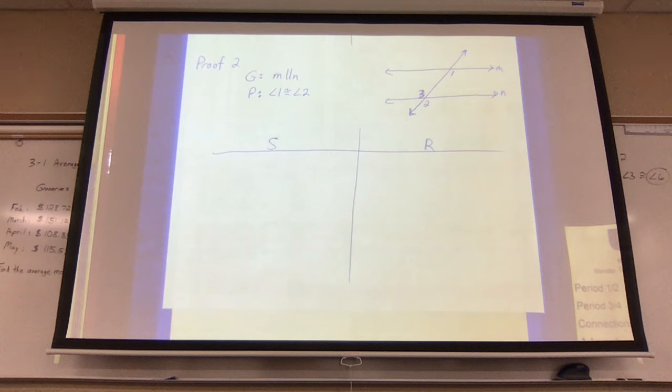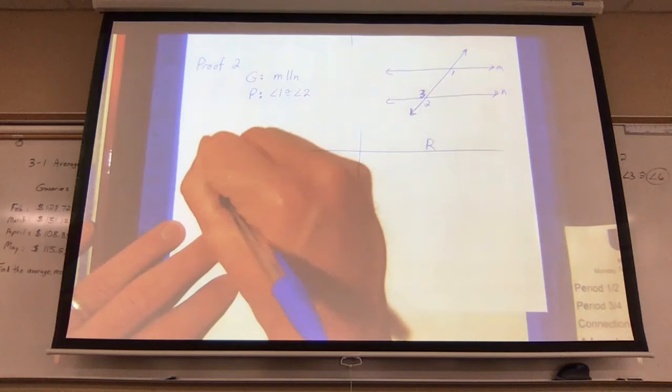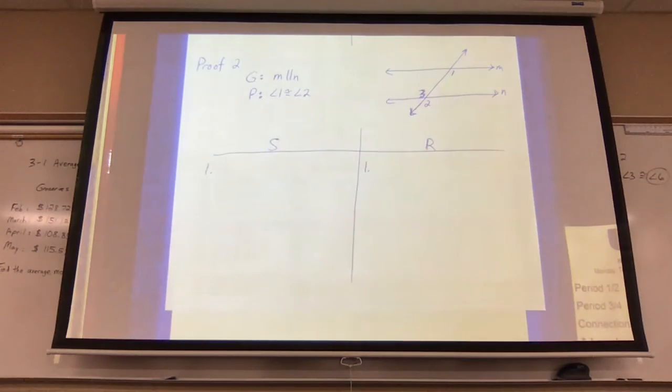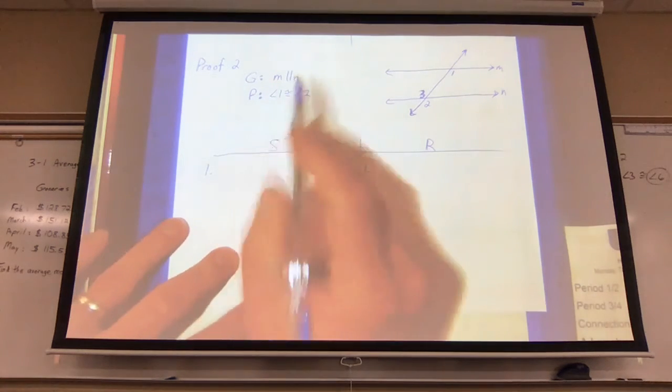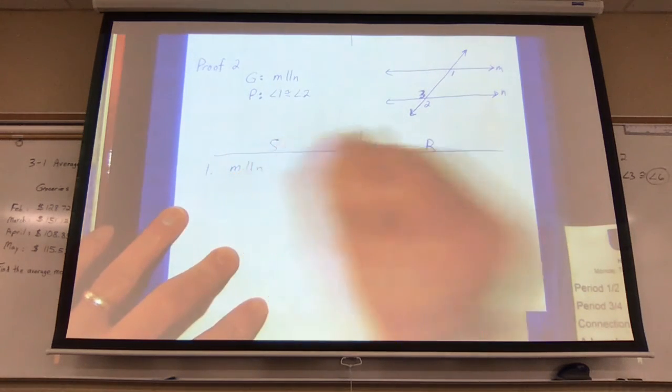And as we go through this, I think you'll start to see these patterns showing up again. So I think it'll be even easier the second time through. Anybody need more time to copy it now? All right, who thinks I can give us our first step? Yep, the given. M is parallel to N. That is given to us.